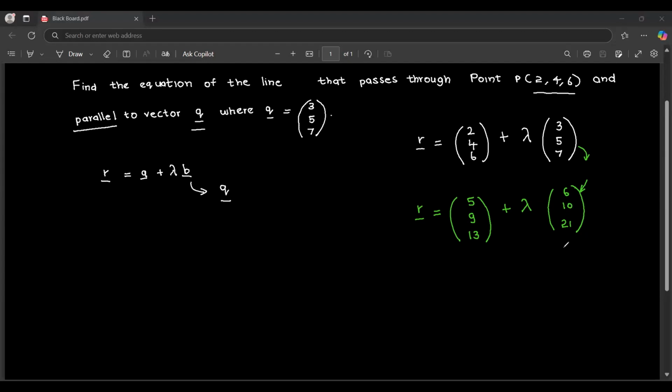These are the practice questions that we can do to understand the vector equation of a line. We know r = a + λb. A is the position vector, b is the direction vector.